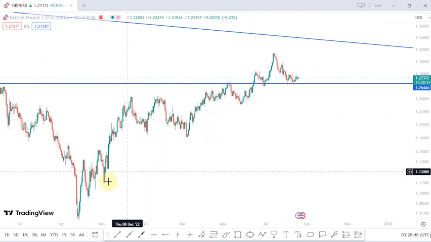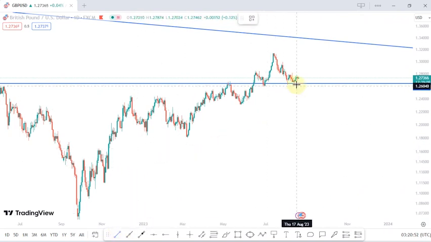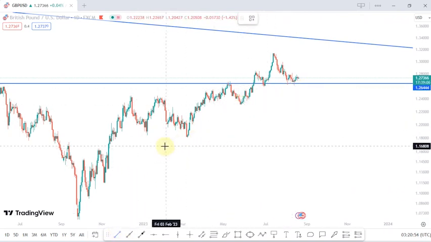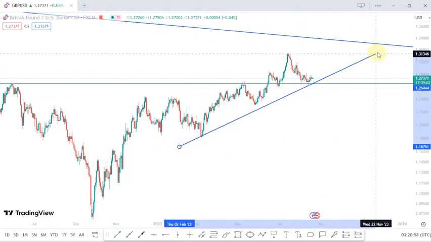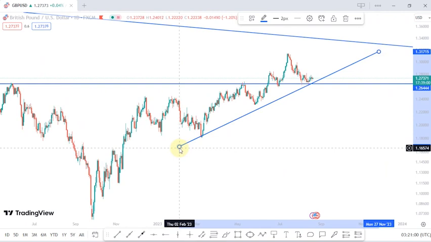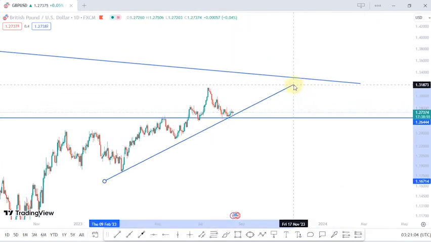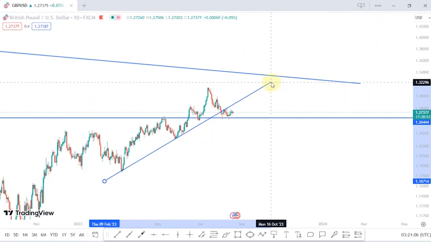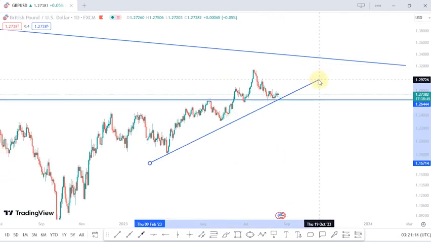Then for this up move, we can also place a trend line. So we have a low here, a low here, a low here. Let's try and connect the lows. This was the previous, but as it is now, there is a low here.